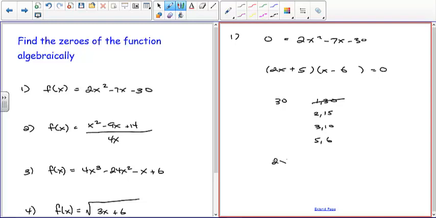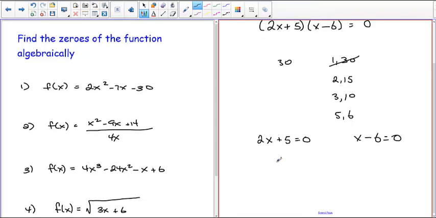So what we can say is that the zeros of this quadratic function happen when either this is 0 or that is 0. So you just set each factor equal to 0. We're going to subtract 5 from both sides, and then divide both sides by 2, so you get negative 5 halves.